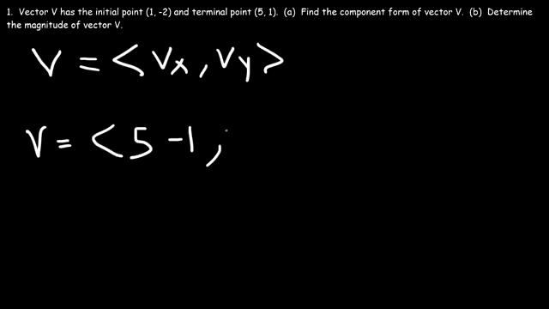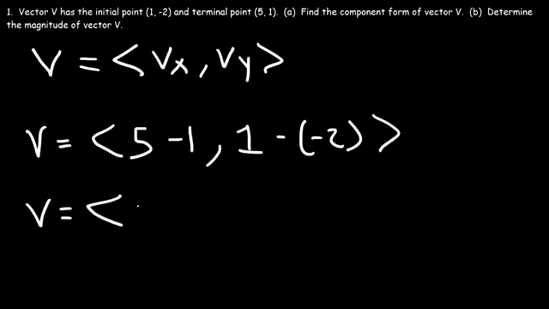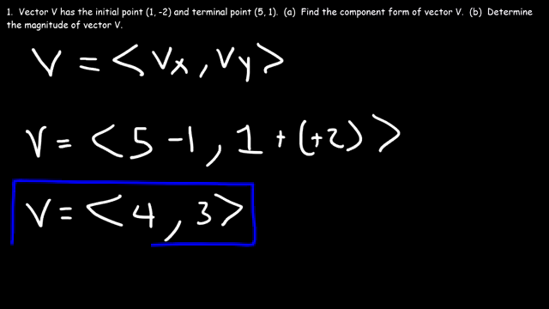We need to subtract the terminal point minus the initial point. So 1 minus negative 2. 5 minus 1 is 4. 1 minus negative 2, that's basically 1 plus 2, which is 3. So the component form of vector V is ⟨4, 3⟩.